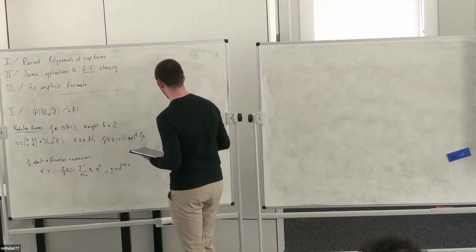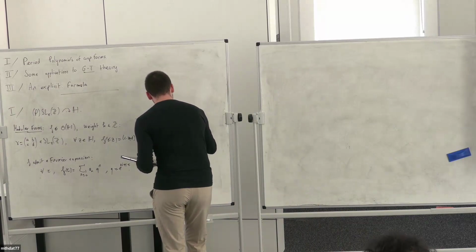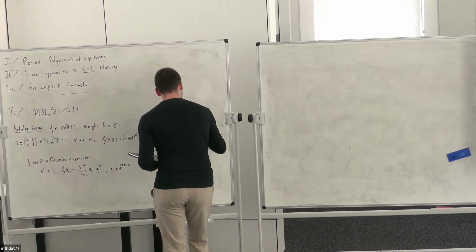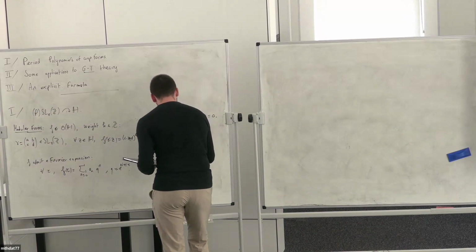I'll also call f a cusp form if its constant Fourier coefficient is 0. Here it means that f of tau tends to 0 as the imaginary part of tau tends to infinity.